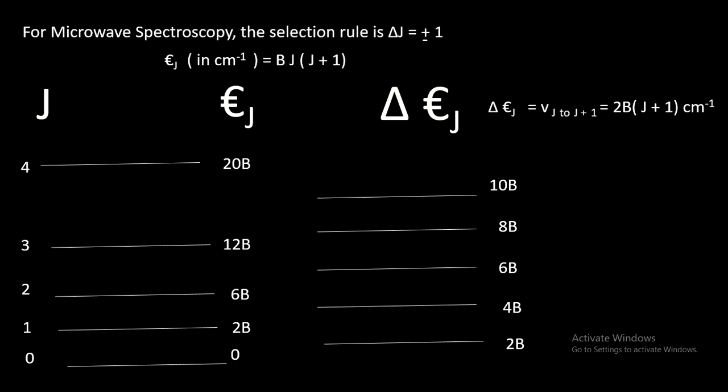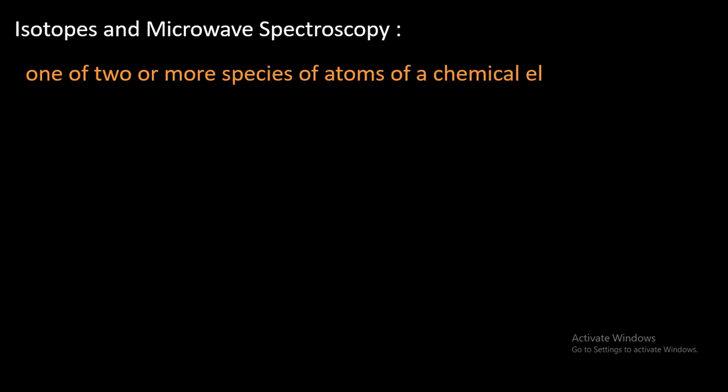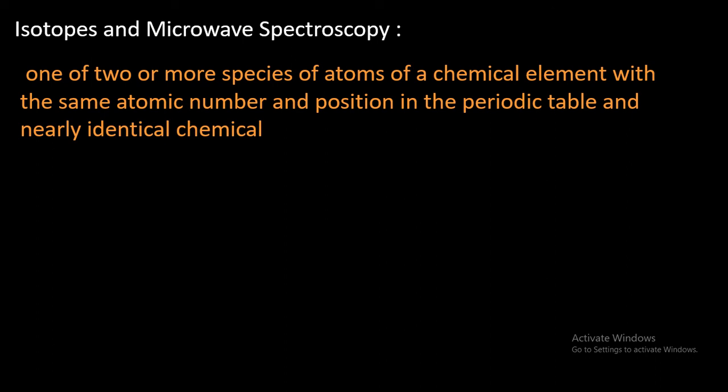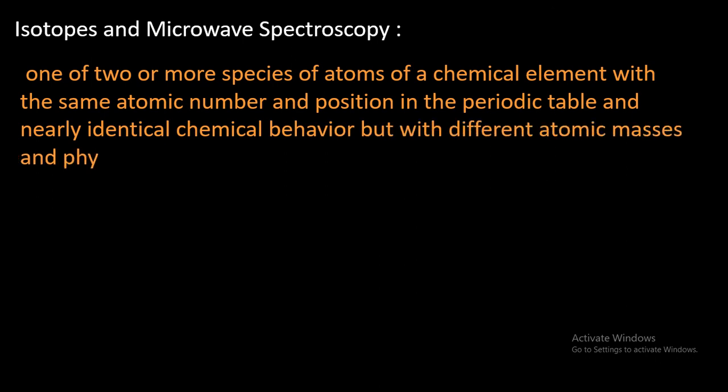Now friends, focus on isotopes and what effect is observed in microwave spectroscopy. Isotopes are one of two or more forms of an atom of a chemical element with the same atomic number and position in the periodic table and nearly identical chemical behavior, but with different atomic masses and physical properties.